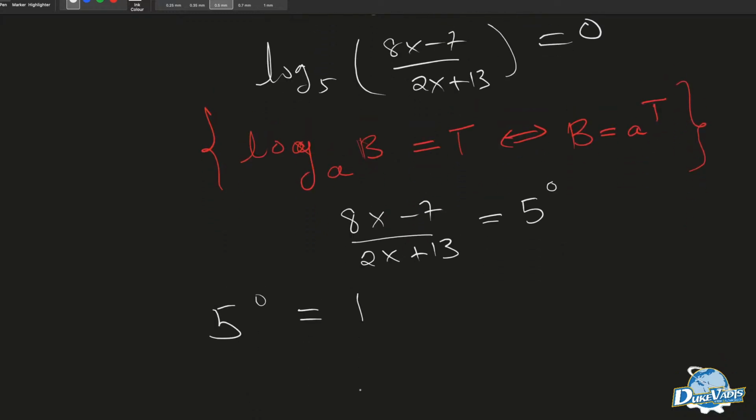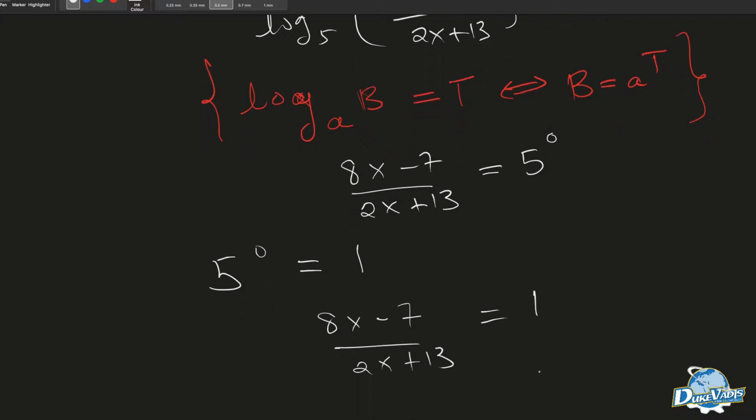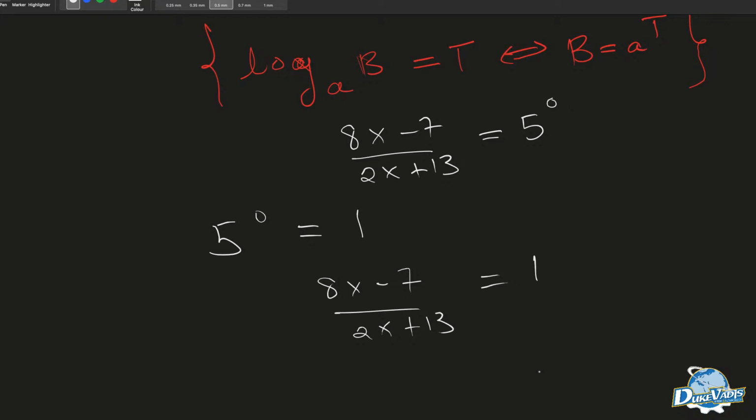If that is the case, then our equation 8x minus 7 all over 2x plus 13 will be equal to 1. You see, 1 is divisible by 1. From time immemorial, 1 is always divisible by 1. After that, what we do is cross multiplying.